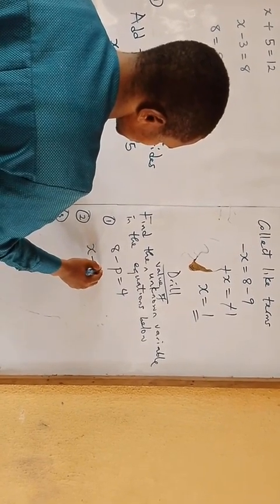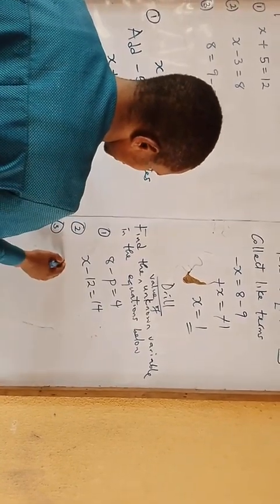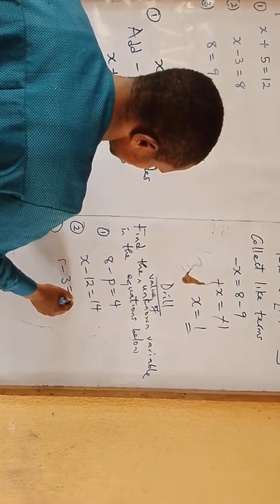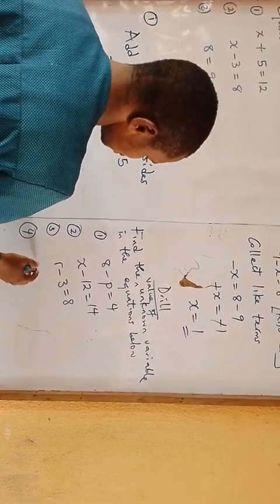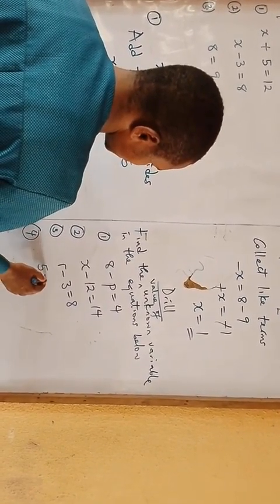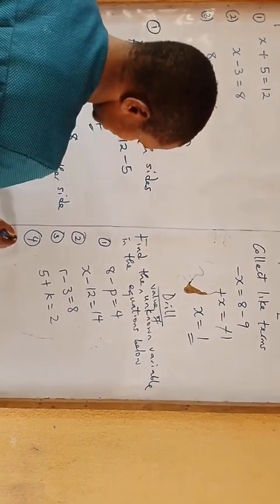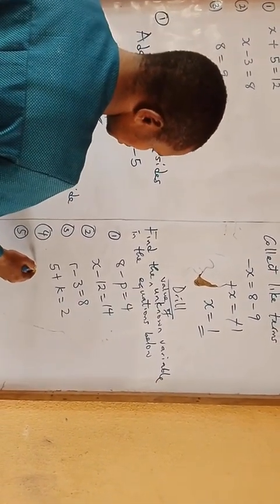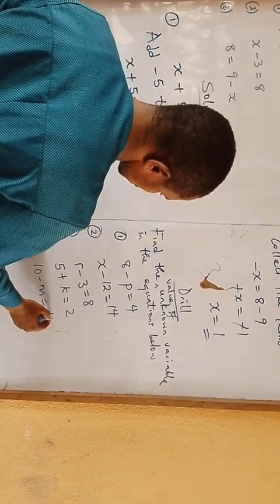Number 2, x minus 12 is equals to 14. And number 3, r minus 3 is equal to 8. Number 4, you have 5 plus k is equal to. Then number 5, the last but not the least, you have 10 minus m is equals to 14.